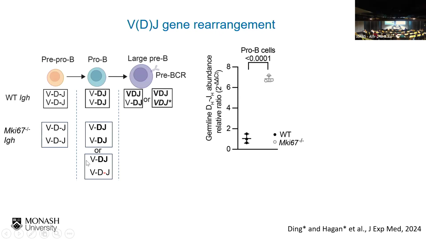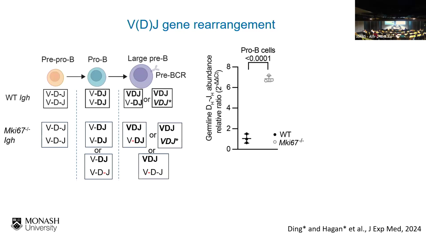Instead, there are some cells still bearing this germline D to J sequence, indicating a deficiency in the starting of their gene rearrangement. And if that's true, then that will get carried over into their large pre-B cells, so that they will have some cells that still bear the D to J germline sequence and also have the V to D germline sequence that's not rearranged.